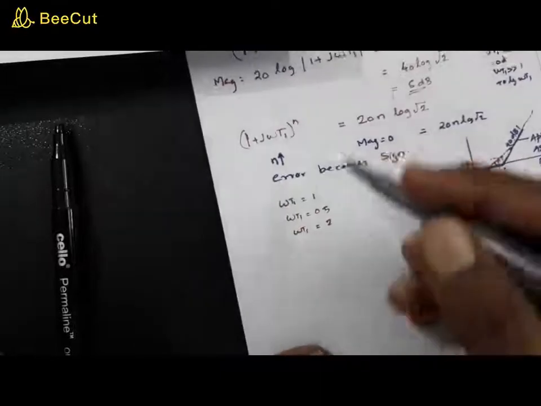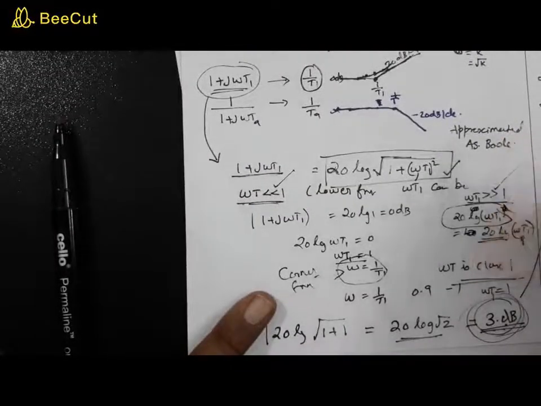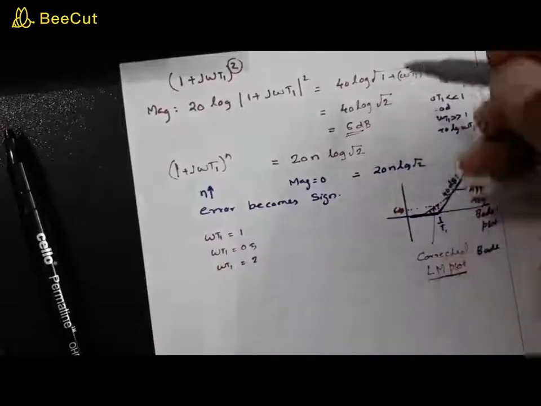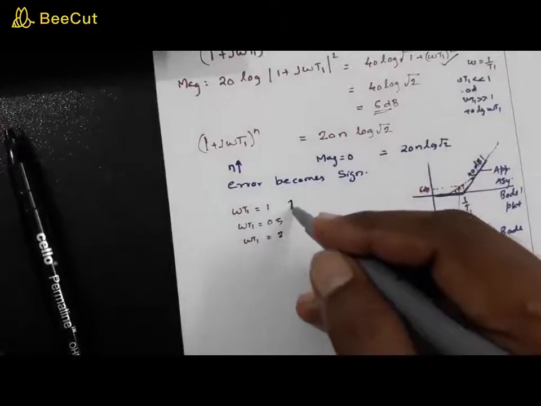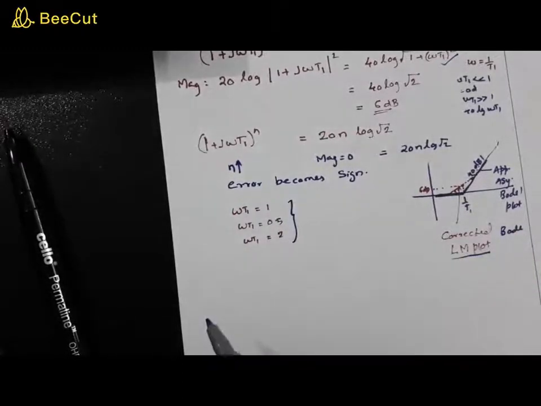For that, you should get the values using these equations, the equation which we derived here. Using this equation, find the values for omega t1 equal to 1, omega t1 equal to 0.5, and omega t1 equal to 2.